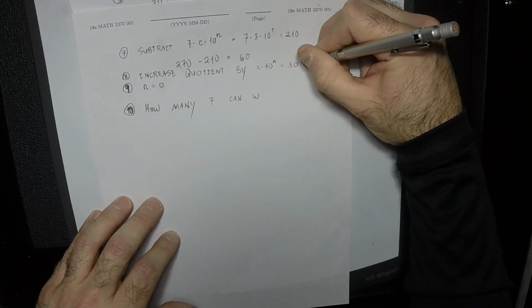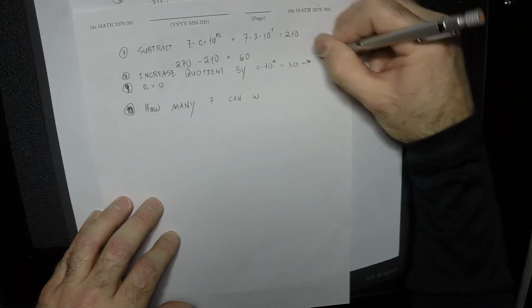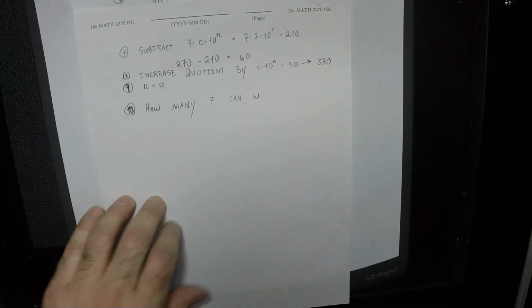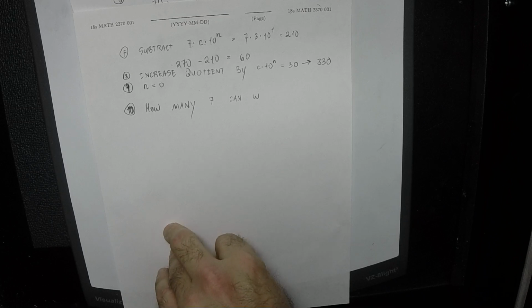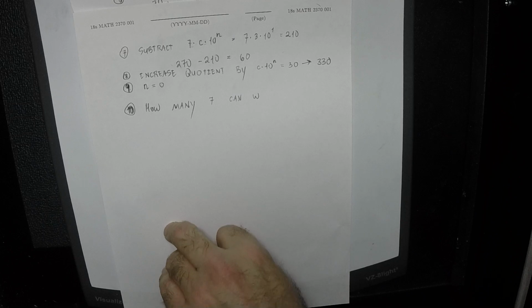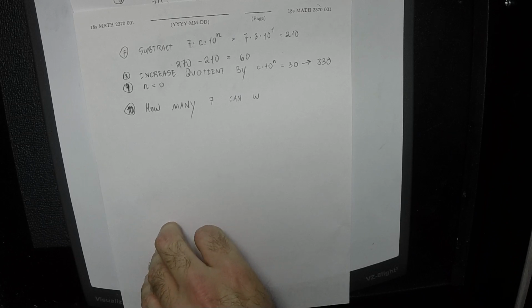So the new quotient becomes 330. So at this time, we're not exactly sure what the answer is going to be, but we do know that the quotient is going to be at least 330. And again, because this is the third time we've asked this question, we know that the real quotient is 338.